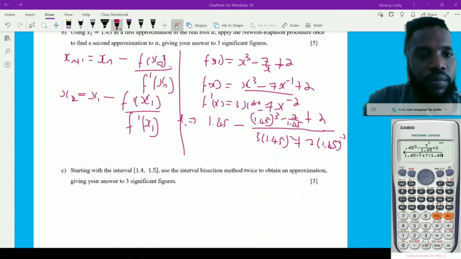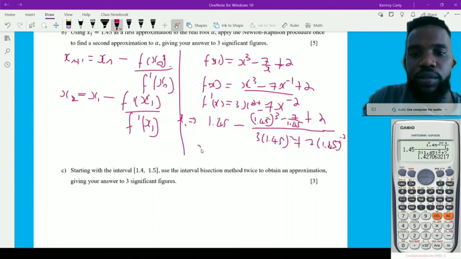So close bracket, raise to the minus 2. That's 1.42, or 1.4, and it says the 3 significant figures, so it's 1.43.